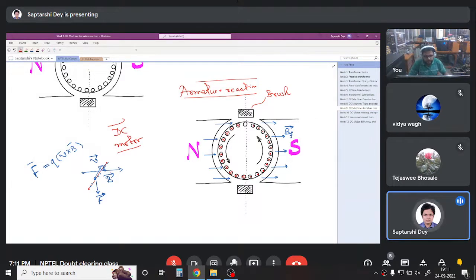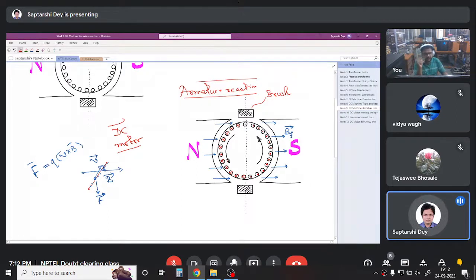Anyway, so the armature is rotating in this direction, but we know that in a DC machine, if you look at the rotating armature from outside, the windings are rotating, but the current distribution, that is, on your left side cross currents, on your right side dot currents, never changes because of the brush.